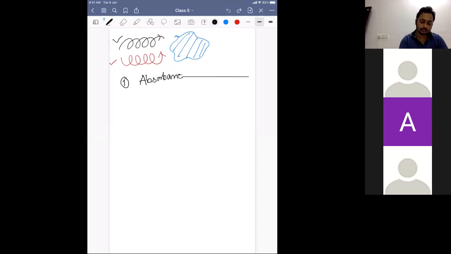So they're absorbing one of them more than the other. So this AL is not equal to AR, where AL represents the absorbance of the left-hand circularly polarized light, and AR represents the right-hand circularly polarized light.